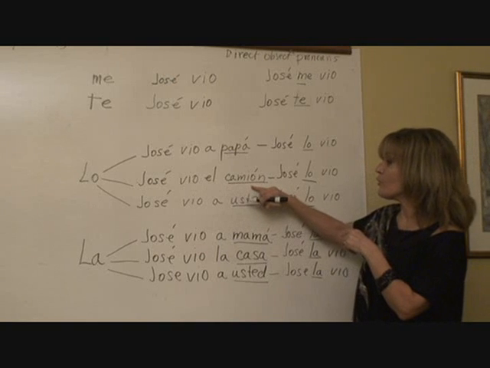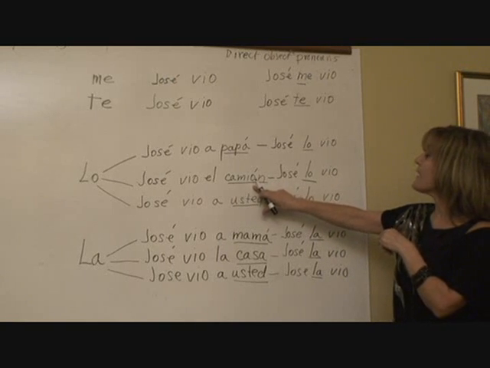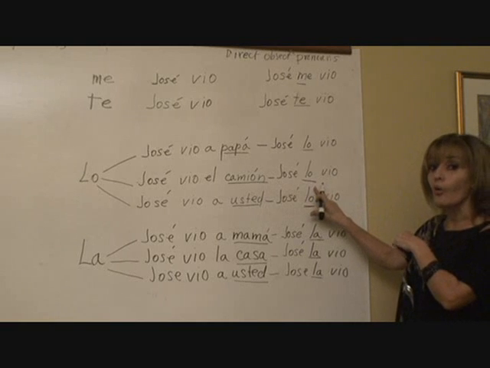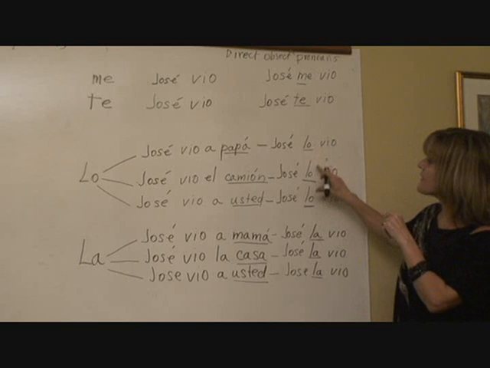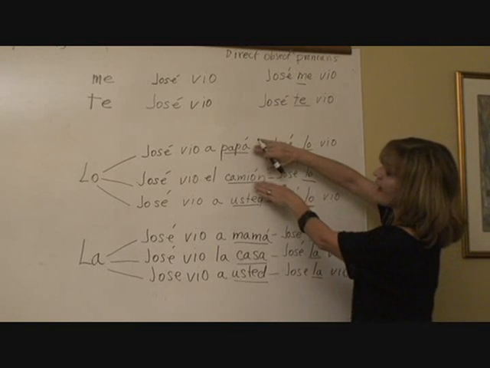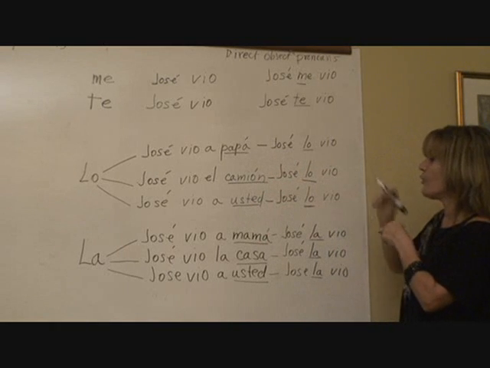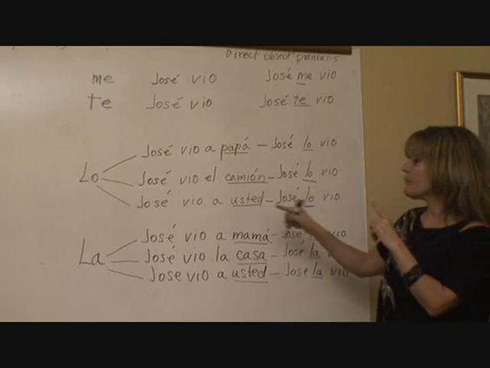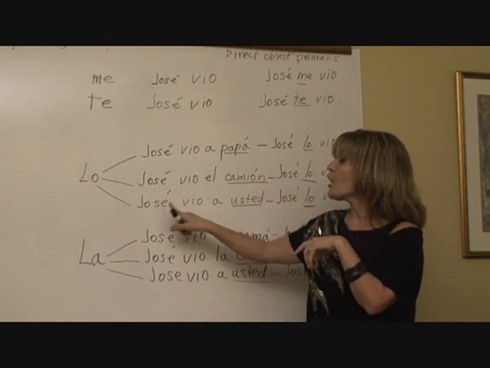So, el camión, which is the direct object, is replaced by lo, the direct object pronoun. See, all these direct object pronouns are doing their job, replacing the direct object here. José lo vio.